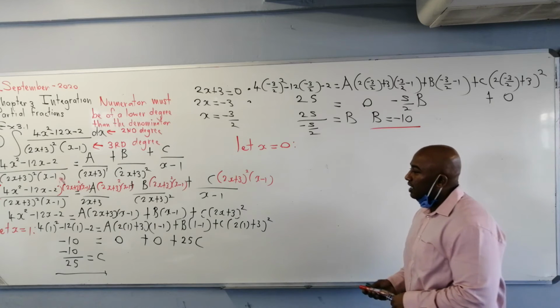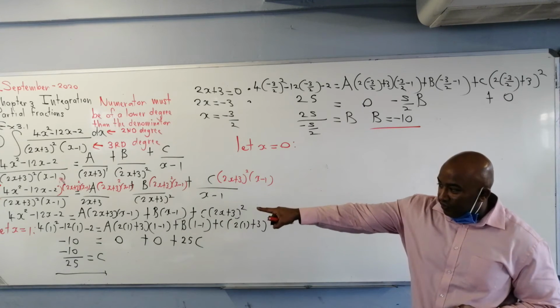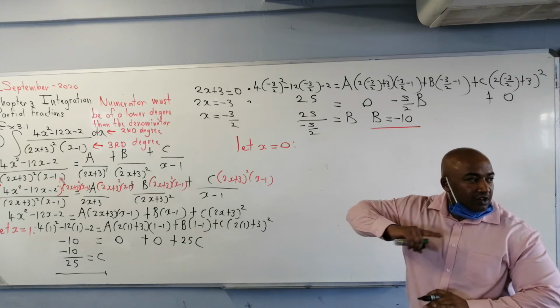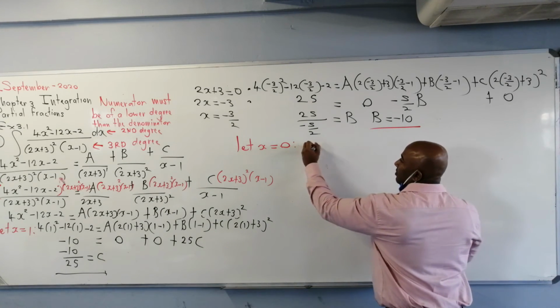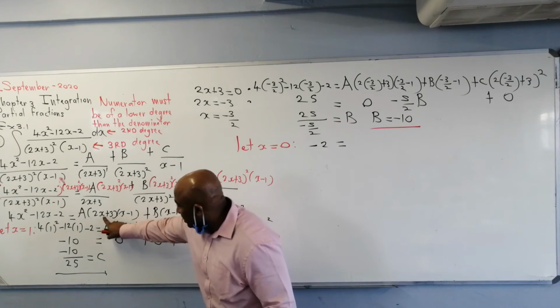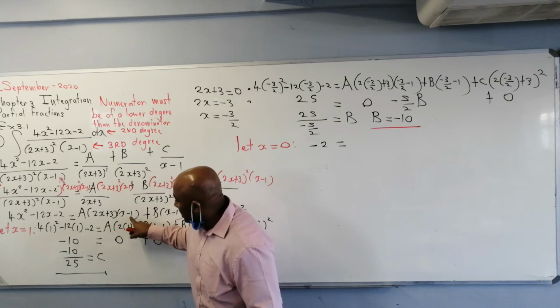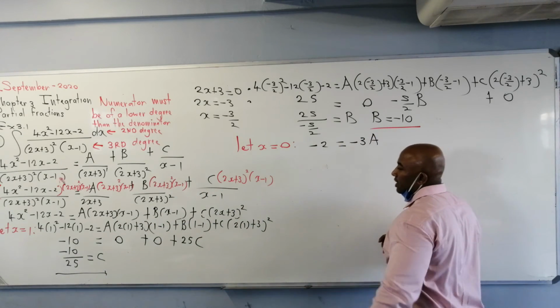So now, on the left-hand side, I've got 4x squared. Wherever there's an x, you know it's going to be a 0. So that's a 0 there, left-hand side, minus 2. Alright, so here, you know it's going to be a 0 here, 0 here. So 3 times minus 1 is minus 3, so that becomes minus 3A.